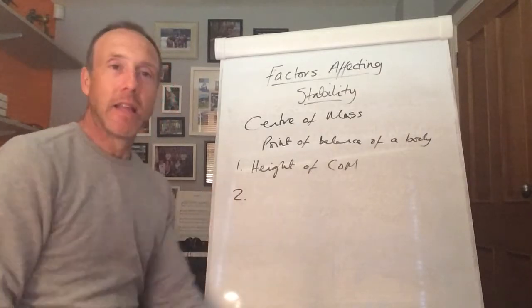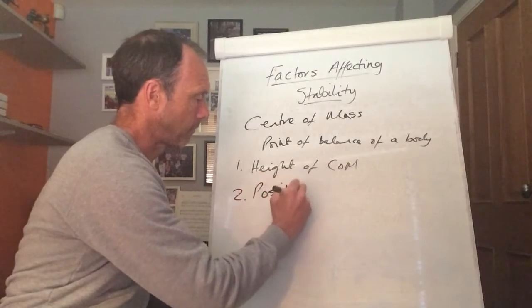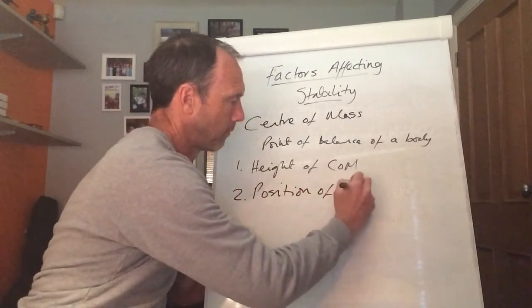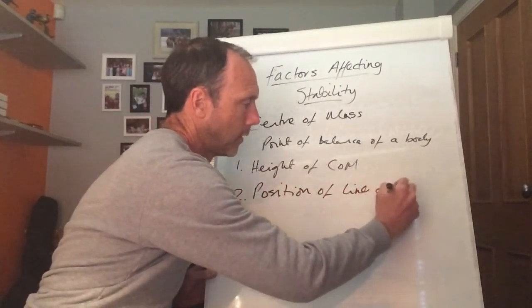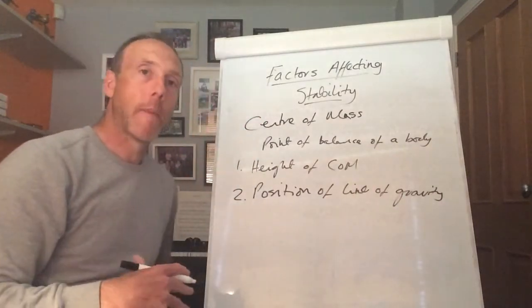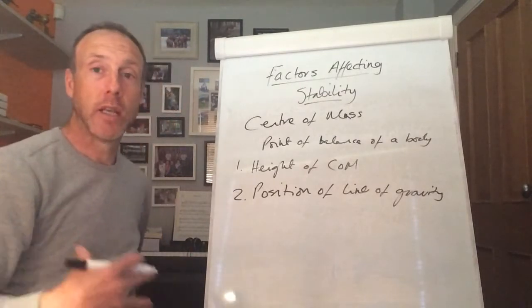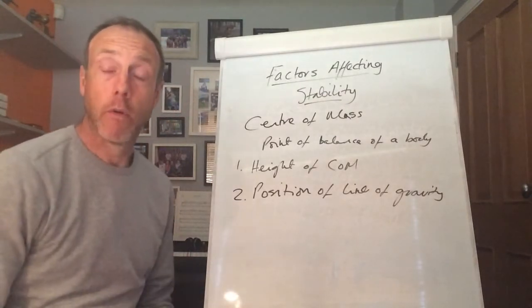The second one that we're going to look at is the position of the line of gravity. If we talk about the rugby scrum again, we might see that the hips stay over the feet.